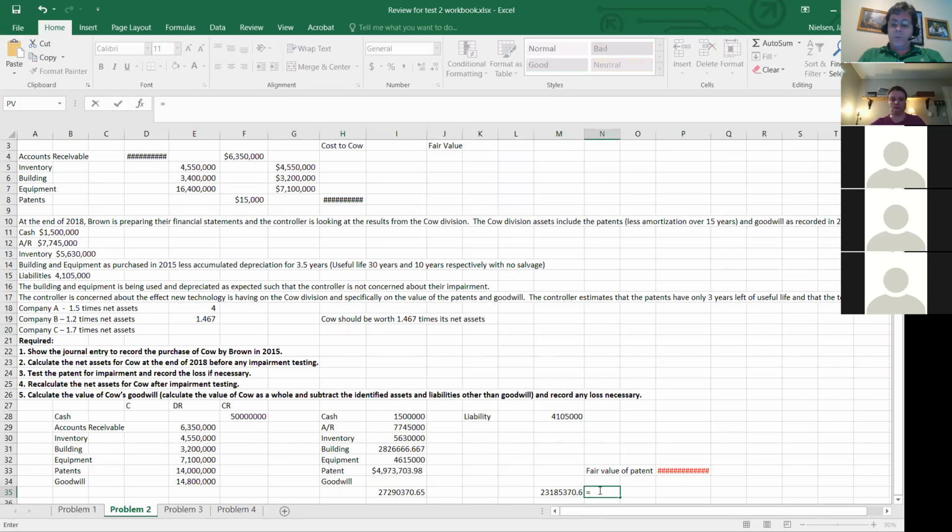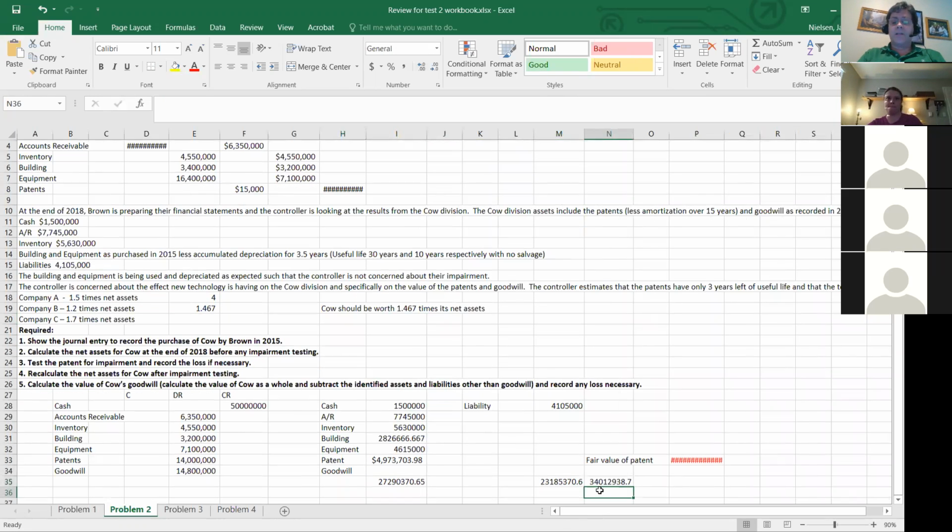So if I wanted to know what Cow should be worth, I take my net assets and multiply by 1.467, like I just said up here, right?